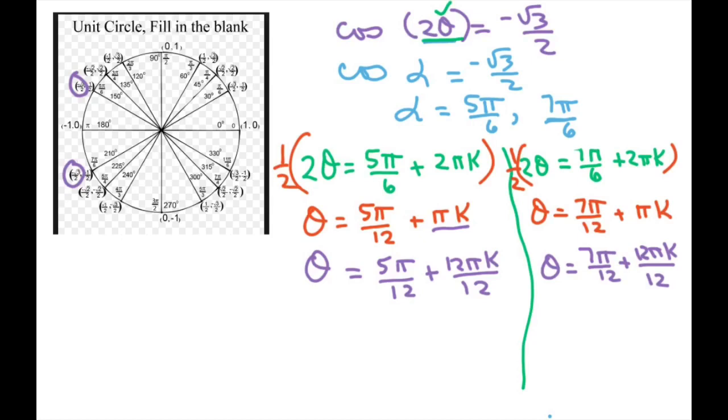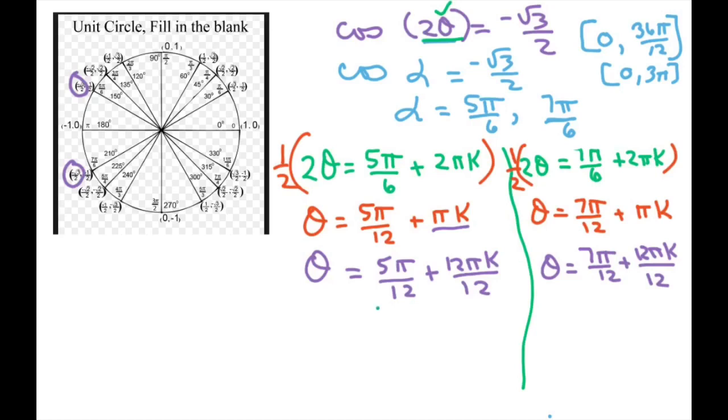Now we know that we're dealing with 12 as the denominator. Instead of 3 pi, I'm going to write 36 pi over 12, because that does equal 3 pi. And all we're going to do is keep adding 12 pi to our angles.